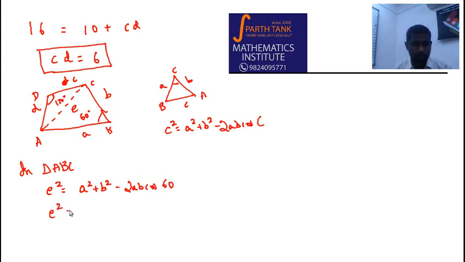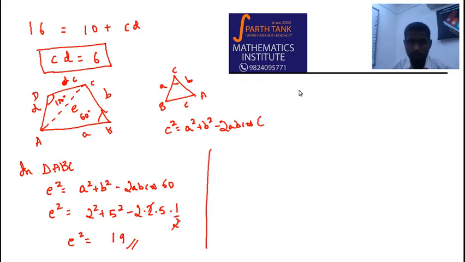Now we know that a square plus b squared is 2 square plus 5 square minus 2 into 5 into cos 60, which is 1 by 2. Now this would give me e squared is 2 square 4, 25 minus 10, 19.